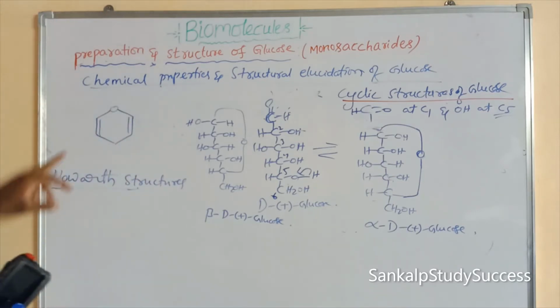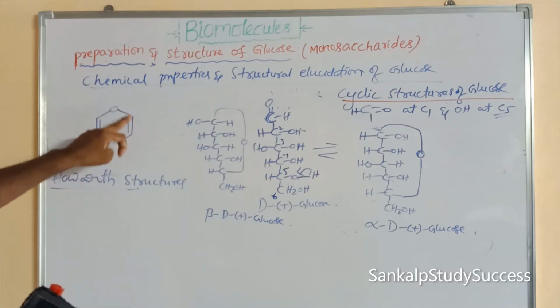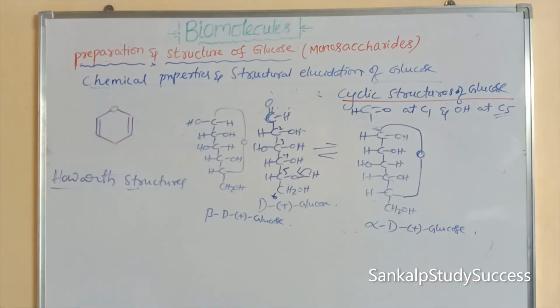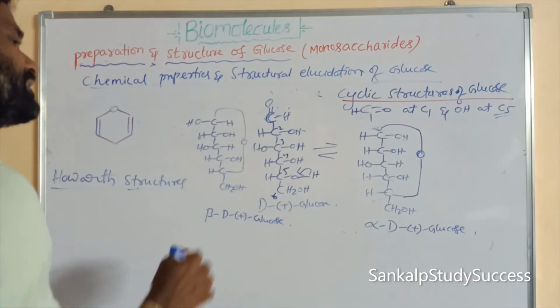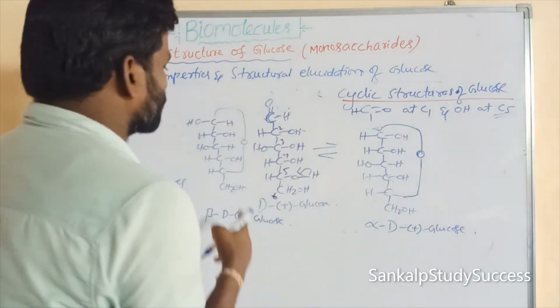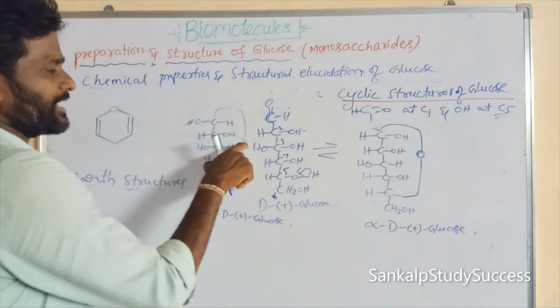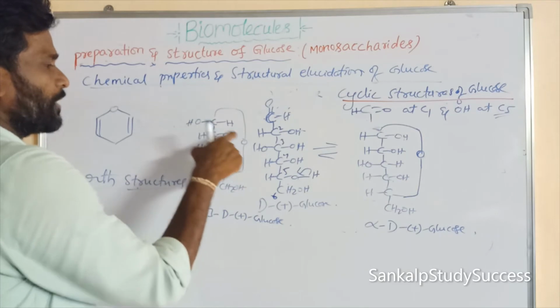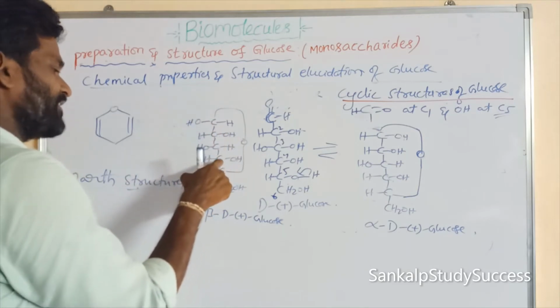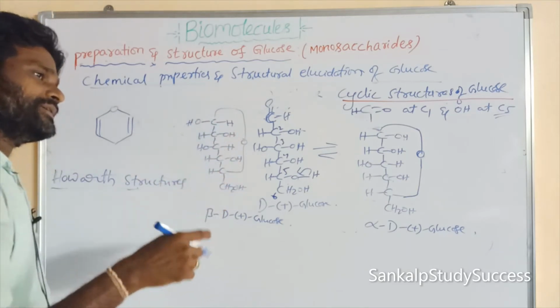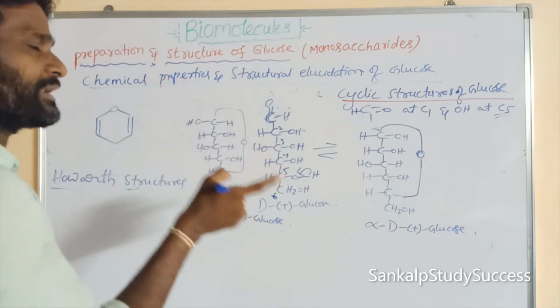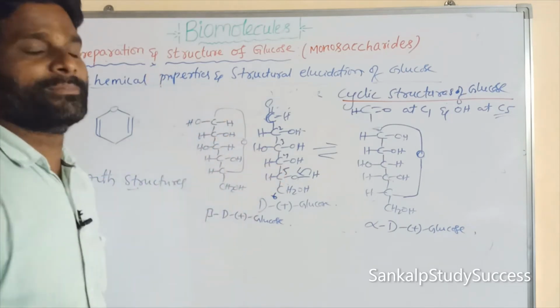It contains how many carbons? 1, 2, 3, 4, 5 carbons and 1 oxygen. That means it is a 6-membered ring. The cyclic structures of the isomers of glucose are also 6-membered rings: 1 oxygen and 1, 2, 3, 4, 5, 6. In the 6-membered ring, 1 is oxygen and the remaining 5 are carbons.